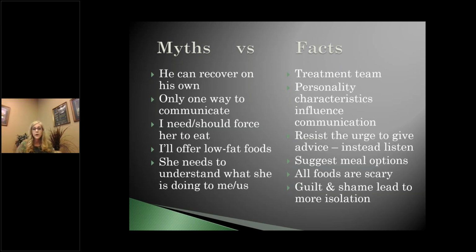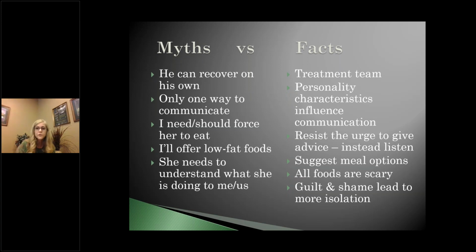Other personality characteristics, like depression and/or anxiety, are going to impact the way we approach them, and also how the caregivers are going to approach their loved ones and how they're going to communicate. Some people are impulsive, and maybe the caregiver isn't, so it's important to try to understand what that is like, what their impulsive thoughts are, and how their tendency to react impulsively comes from those personality characteristics.